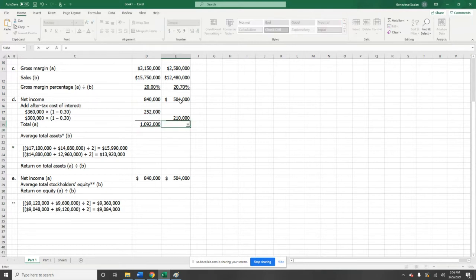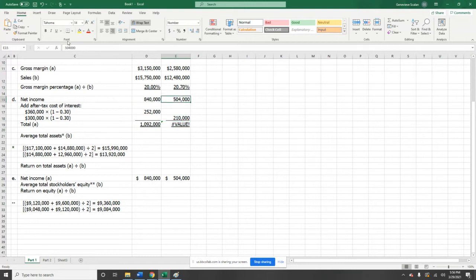And this is equal to our net income plus our interest added back. Oh, again, it thinks that's a string. So our net income plus our recalculated interest.